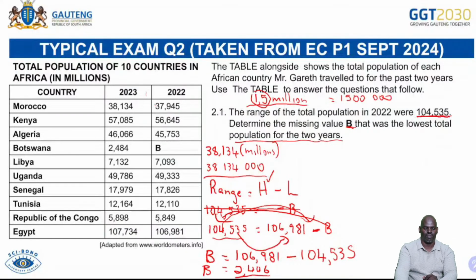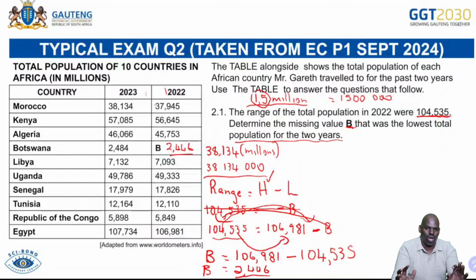That is the value of B. So instead of B, it must be 2,446. And indeed, if you compare all these values, you will see that B is the smallest of them all, because the examiner indicated that whatever value of B that you find, it must be the smallest. So in this case, the answer is 2,446.